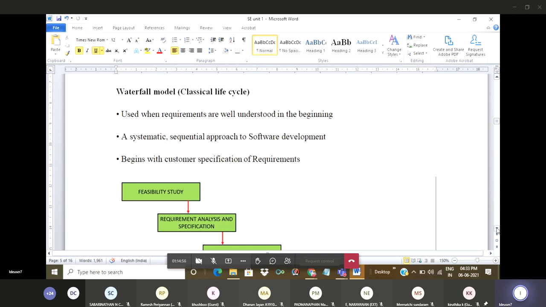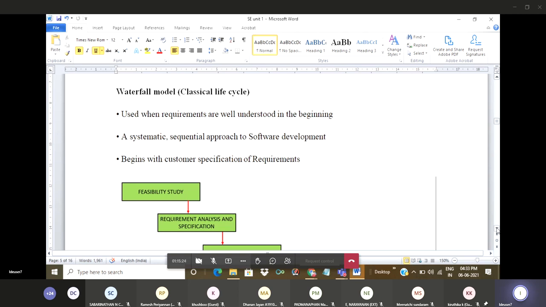We have to know what requirements are needed in the beginning of the project. It is used when requirements are well understood in the beginning. If you don't know anything about the project in advance, we cannot include any concepts in the middle or at the end of the project. So all the requirements are well understood in the beginning.